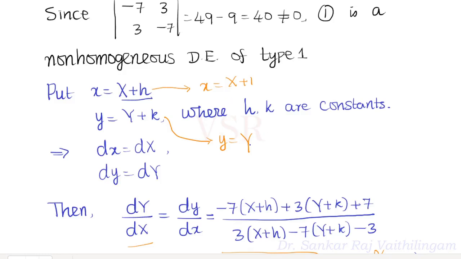Capital Y which is equal to small y, இது முதல் term. அப்புறம் capital X which is equal to small x minus 1. So இது ரெண்டாவது term. இதை கொண்டு வந்து இதில் substitute பண்ணிட வேண்டியதான்.